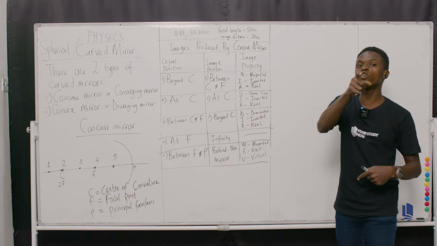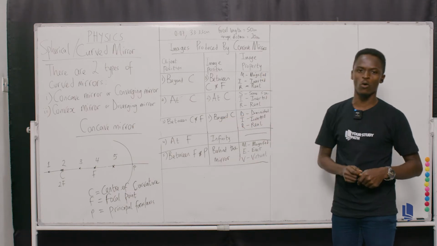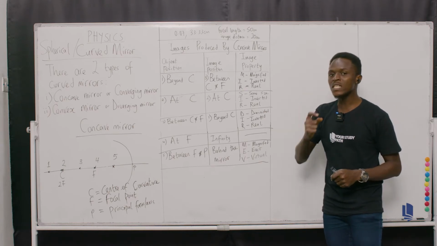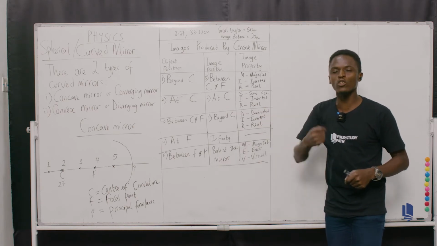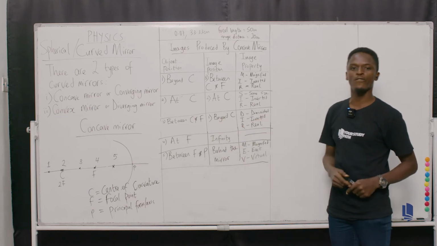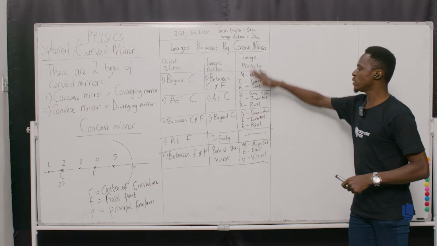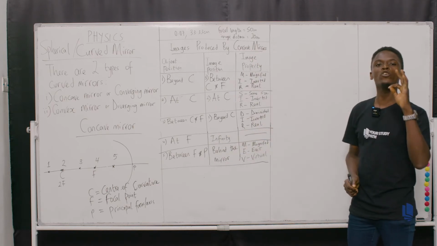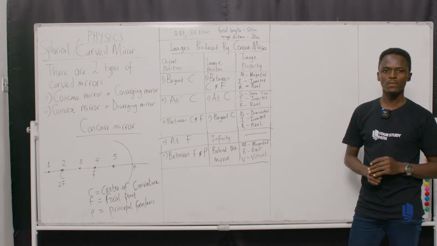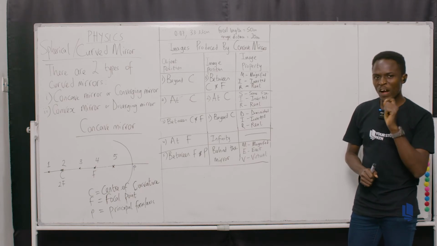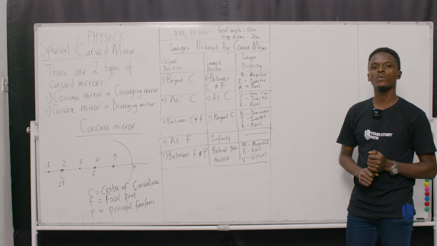And it is also known as the radius of curvature. In calculation, alphabet R will be given to you, which stands for the radius of curvature. It is also indicating your 2F, twice the focal length. These form the 5 positions for your concave mirror.